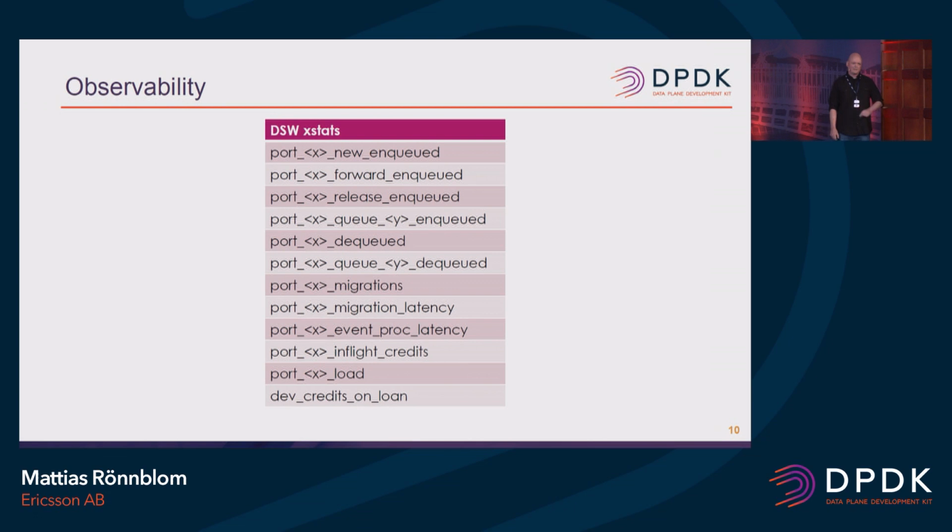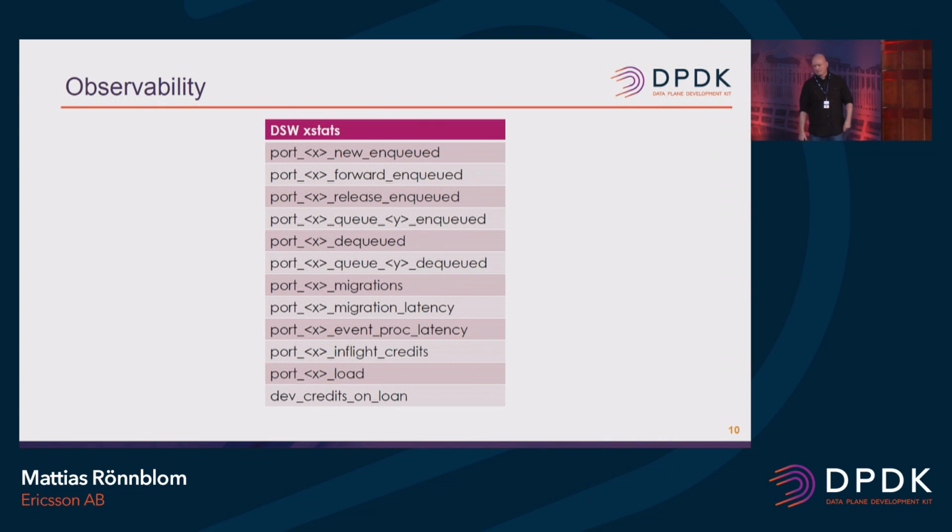Then there's one parameter I find very interesting, which is the load. We also present the load estimate. In DPDK, if you look at it from an OS perspective, all the lcore threads will be 100% loaded, and it's not always easy to see how much is idle, just polling an empty ring, and how much is actually doing application work.